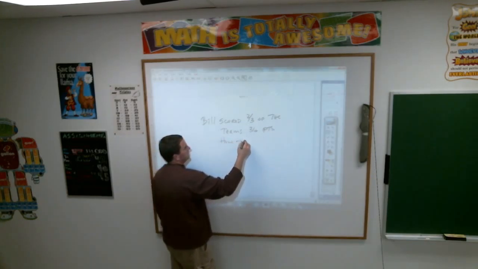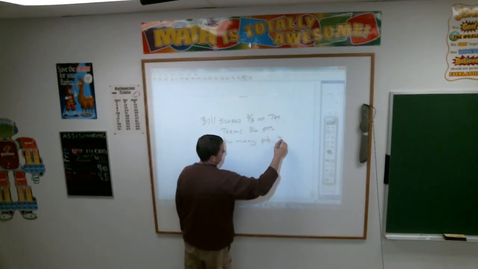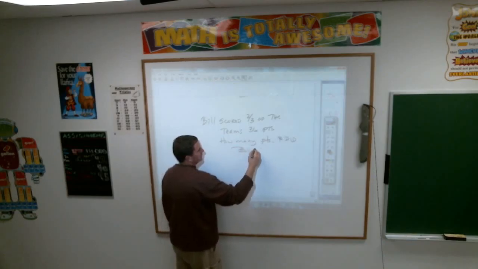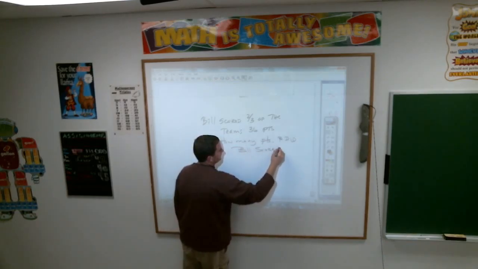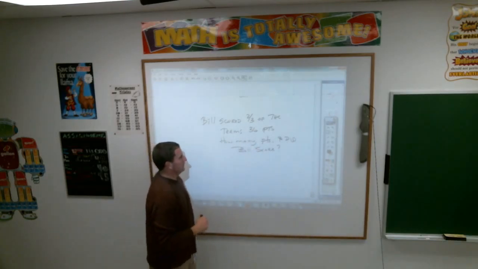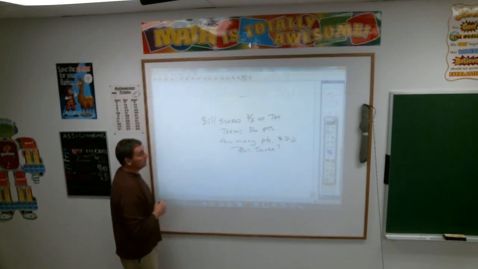How many points did Bill score? Bill scored 2/3 of the team's 36 points. How many points did Bill score?